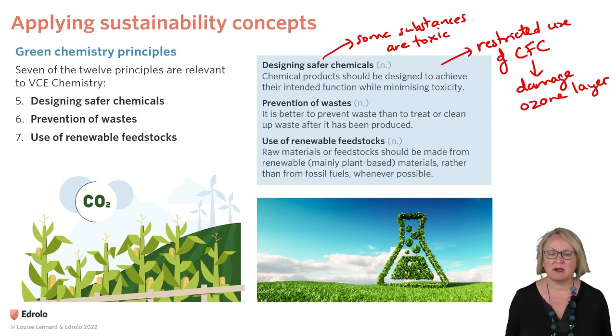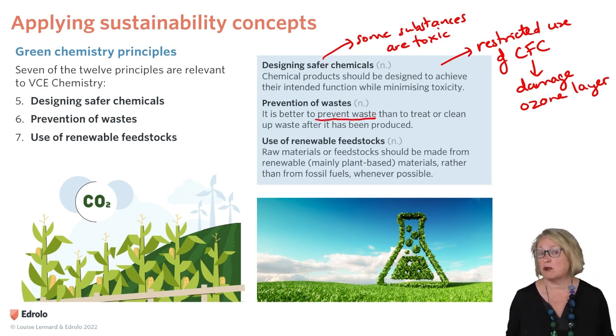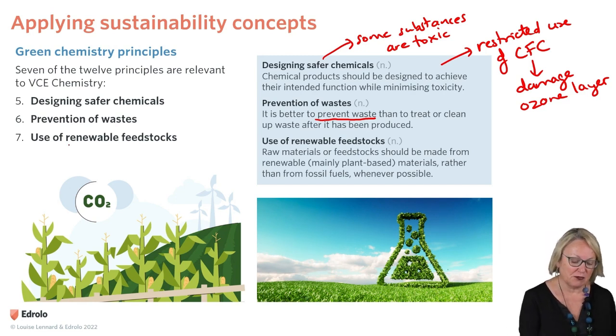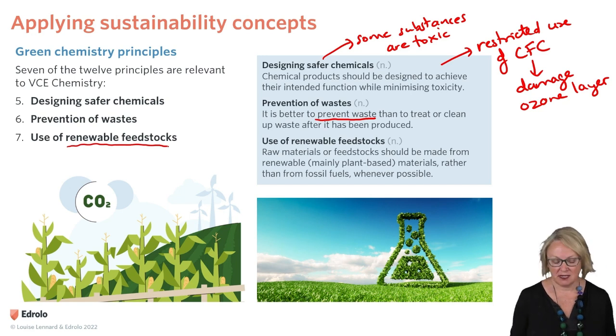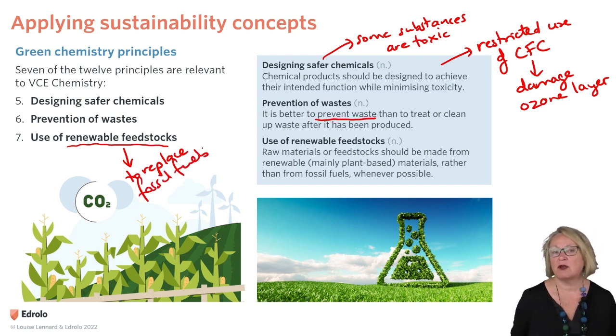Prevention of waste. We don't want our beaches and our rubbish tips full of waste. We would prefer to have waste that can be minimised and broken down safely. So we want to try and prevent waste rather than treat it or clean it up after it's been produced. And another thing we want to do is start using renewable feedstocks. So to replace fossil fuels, which are non-renewable.